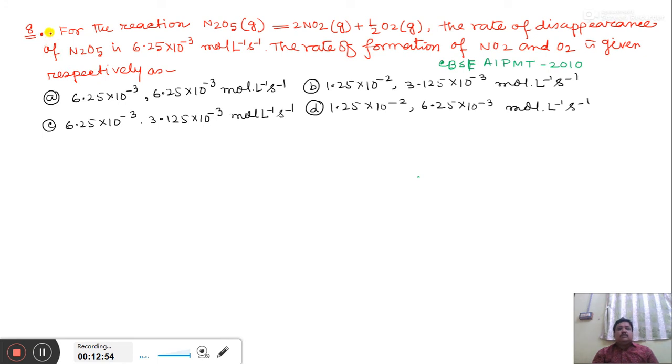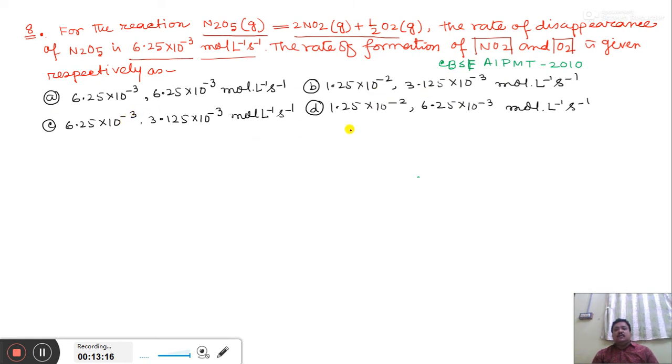Now the next question is N2O5 gas converts to NO2 and half O2. The rate of disappearance of N2O5 is 6.25 into 10 to the minus 3 mole per liter per second. Then calculate the rates of formation of NO2 and O2 respectively.